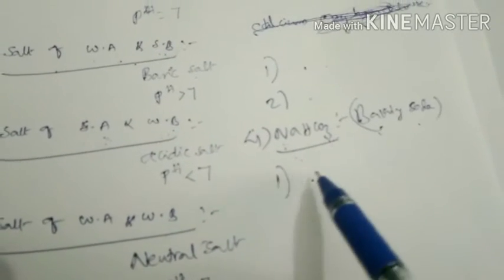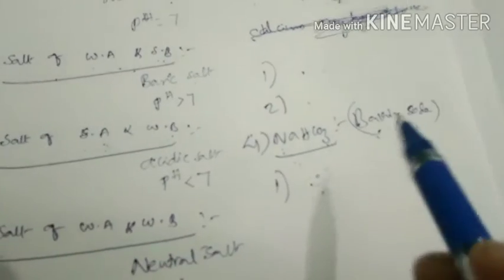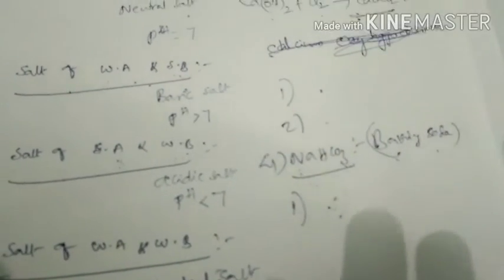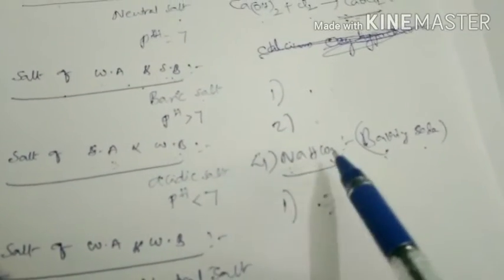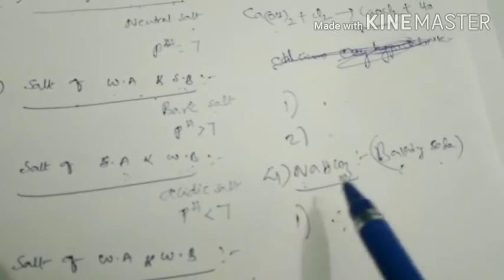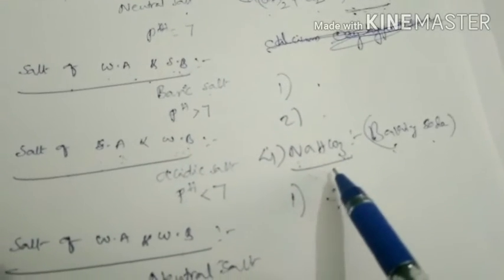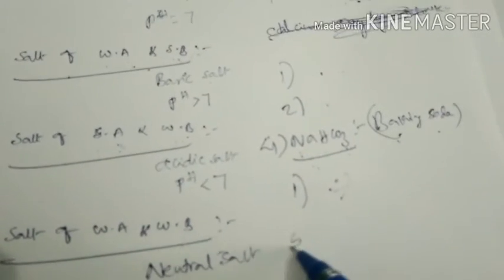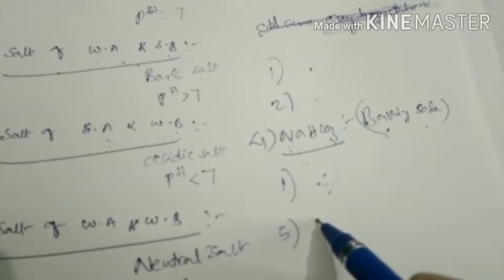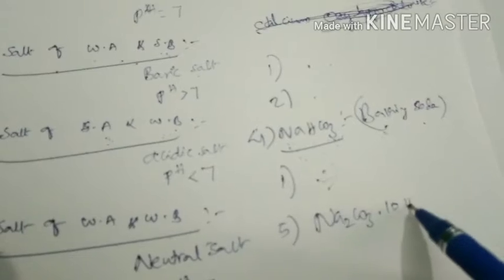That is one use. Second, it is used in fire extinguishers. That means to stop a fire, we can use sodium bicarbonate. That is about sodium bicarbonate. Next is washing soda, Na2CO3.10H2O.